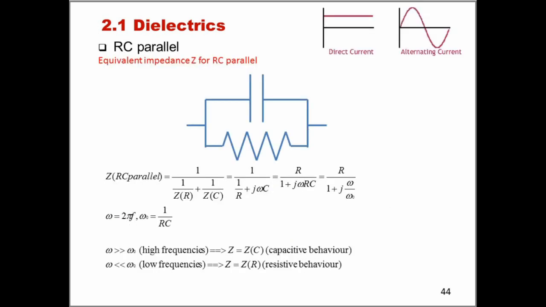So what does this mean? Well, we've just said that the signals we may apply to our capacitors are not always static signals, so DC signals, direct current signals, but in general we should consider the more general case of a dynamic case, that is alternating current signals, where one important parameter is obviously the frequency of that signal.